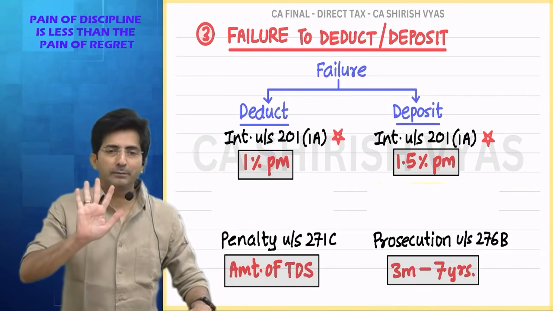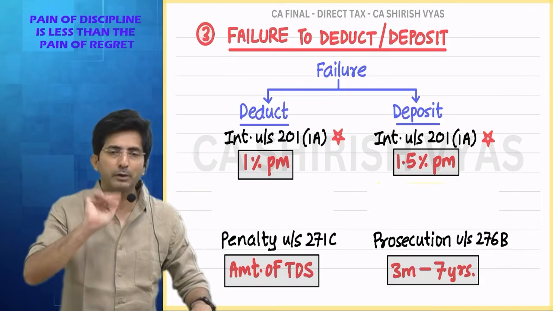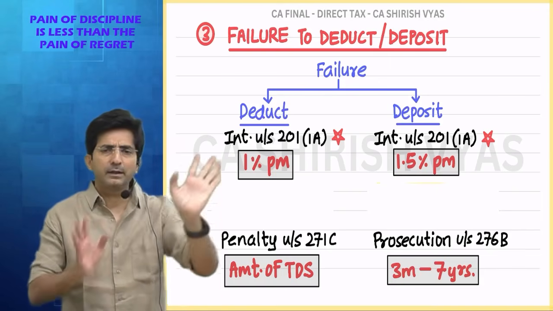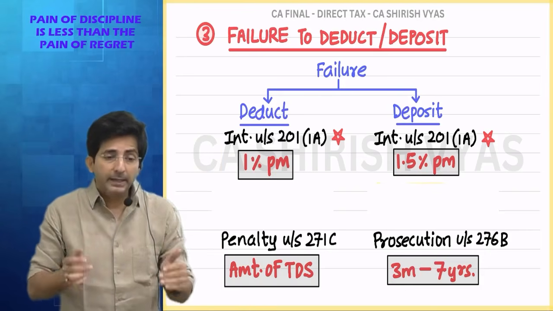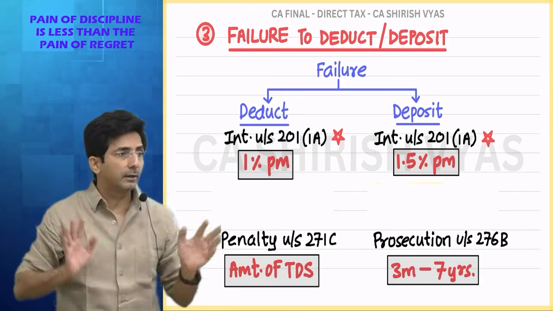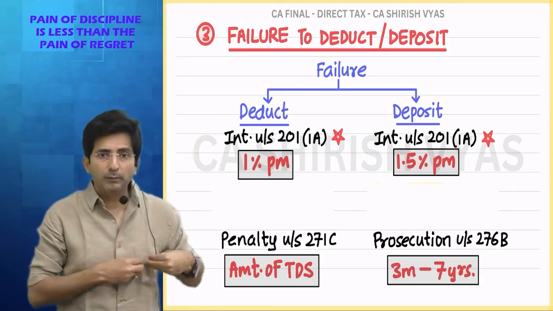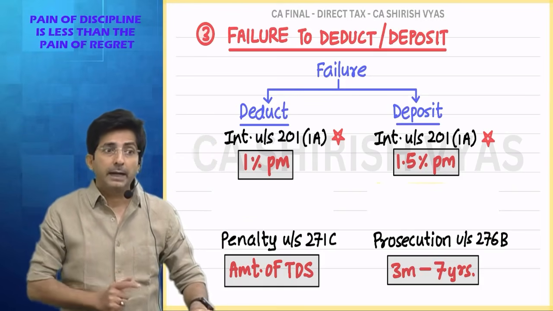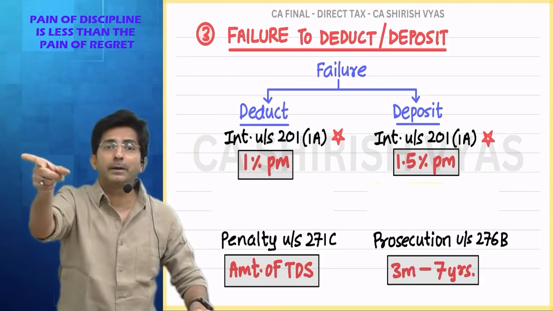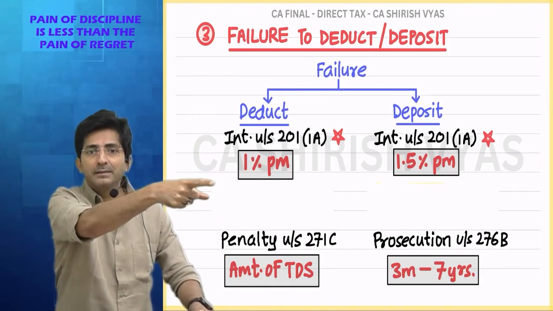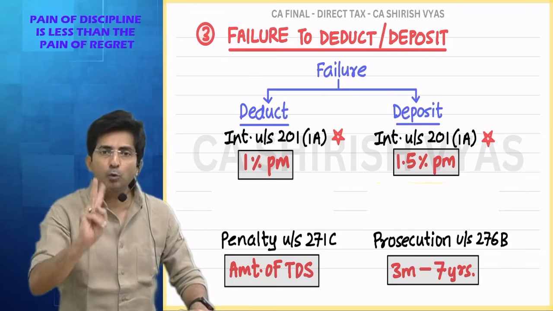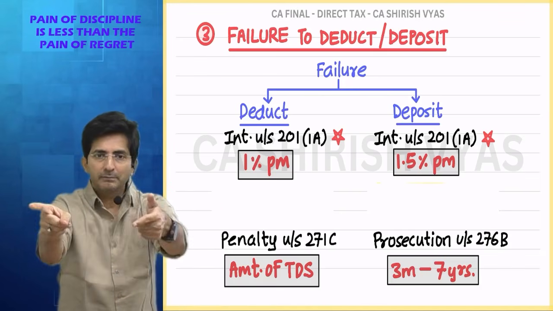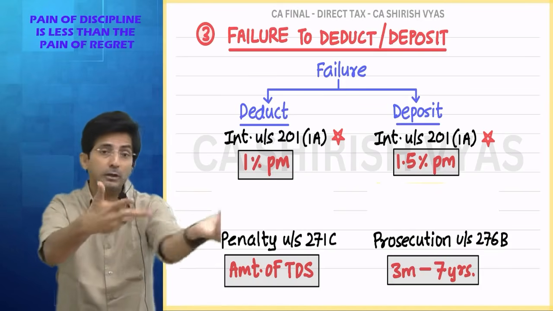If I would have followed the rule honestly, what should I have spent? Only 100. 70 to the winner, 30 to the government. But I made a mistake of giving full 100 to the winner. So 100 went to the winner, 30 will go from my pocket. So my total expenditure is 130. And even the winner will pay tax to the government. He got full winnings. So government will get 130 from the winner, because he has to pay the tax on the winnings.